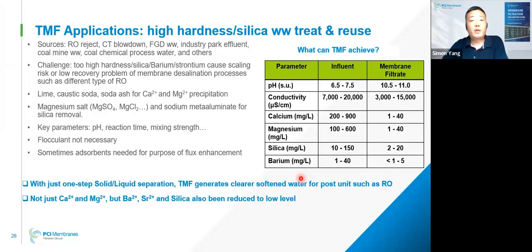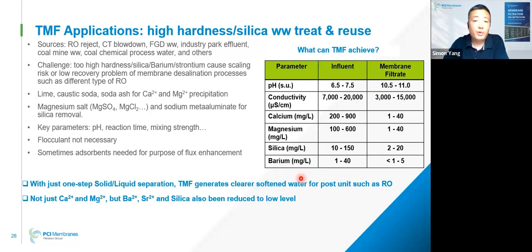So the common challenge is that too high hardness or silica concentration and other scaling ions cause serious scaling risk or a low recovery rate for subsequent RO.